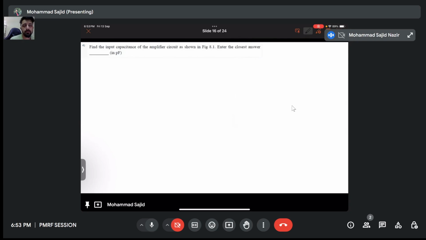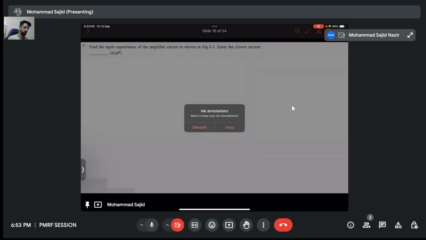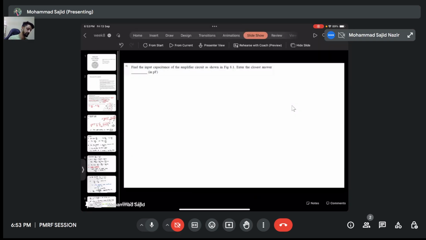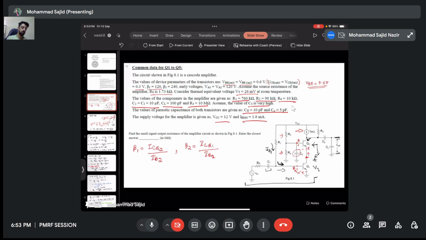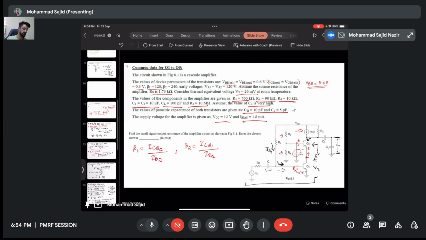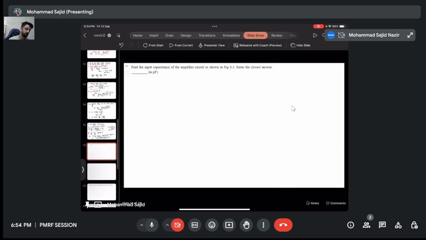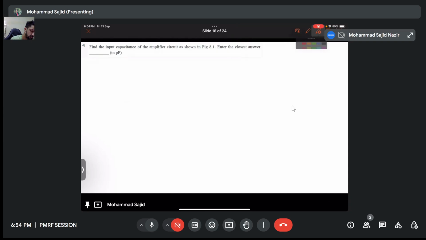Now we need to find the input capacitance of the amplifier as shown in figure 8.1. Let's look at the figure. This is my figure, and for this part I need to draw the equivalent circuit. Let me quickly draw the equivalent circuit.